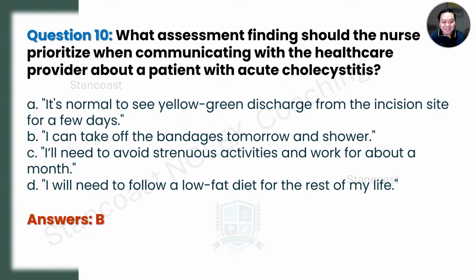If you selected letter C, I'll need to avoid strenuous activities and work for about a month, this is something that you should be including in teaching a patient that may have the traditional type of cholecystectomy. The patient with a lap cholecystectomy can resume normal activities, including work, within a week, not 4 to 6 weeks.